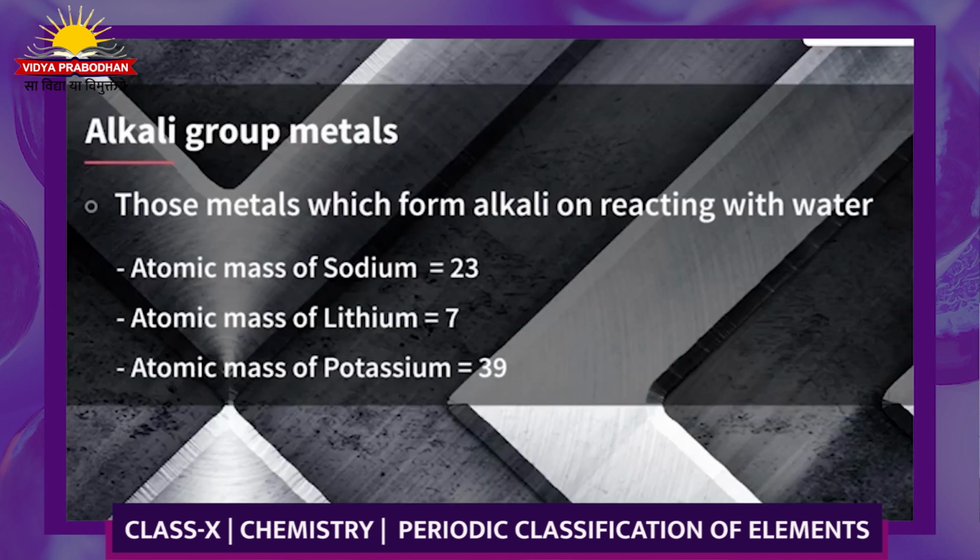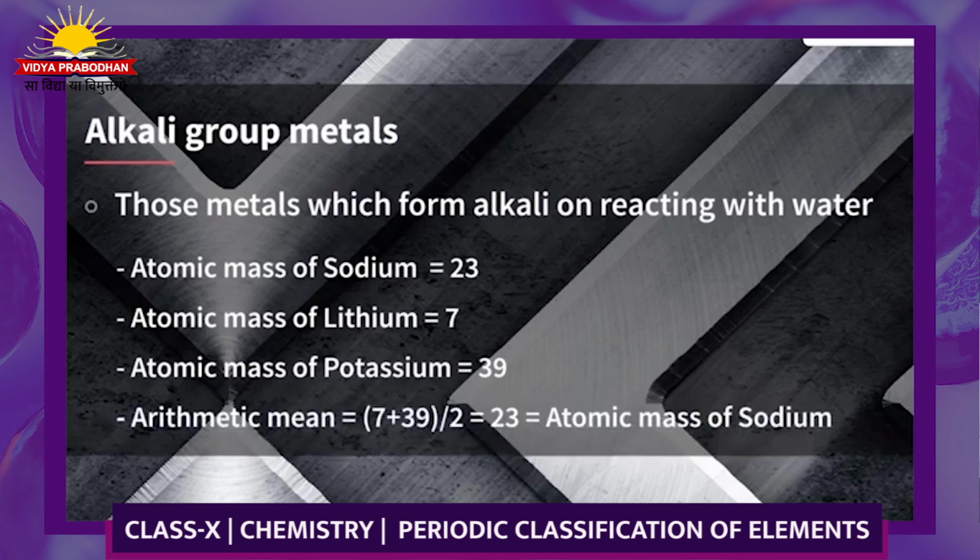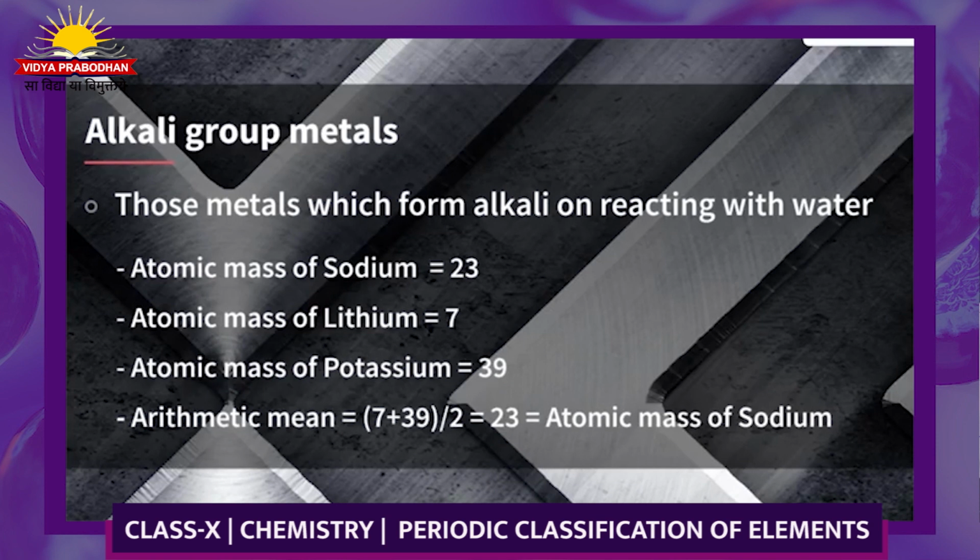From this table, it is clear that lithium is the first element of this triad, sodium is the middle element, and potassium is the third element. Now, the atomic mass of lithium is 7 and the atomic mass of potassium is 39. So, the arithmetic mean of the atomic masses of lithium and potassium is (7 + 39) / 2 = 23.